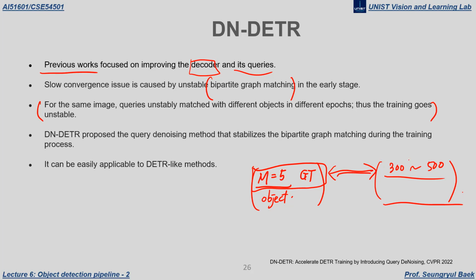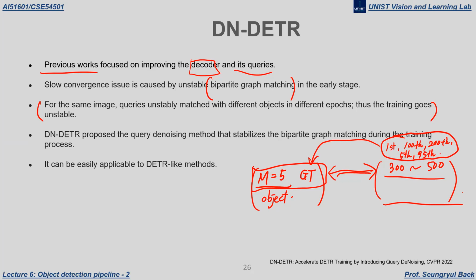But let's say first the matched ones are the 100th, 200th, and fifth and 95th. Let's say these object queries are close to the ground truth value. Let's say like that.